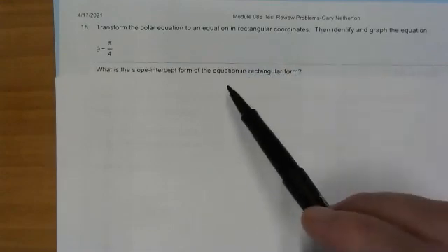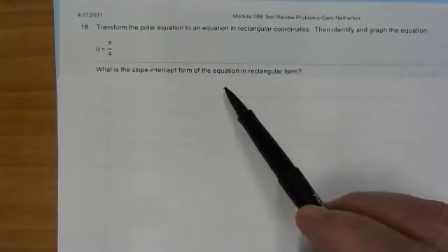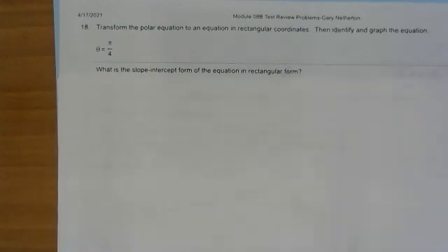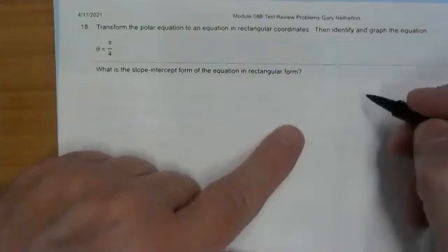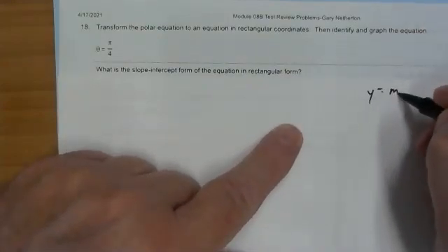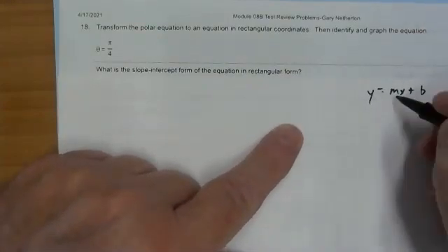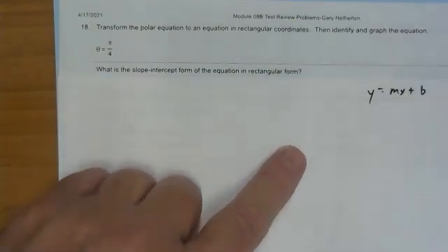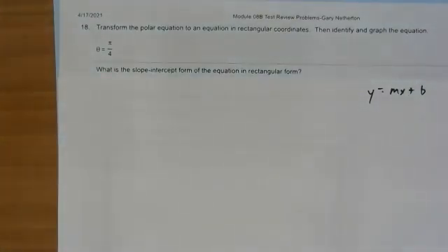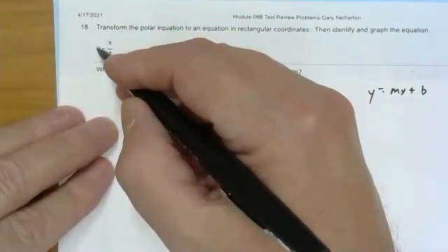The first question: what is the slope intercept form? Slope intercept form is the old y equals mx plus b. The key is you get y by itself on one side. So what do we do here?